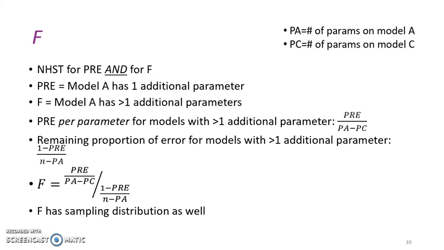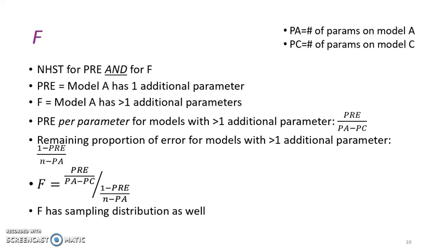To get the actual value of PRE per parameter in those models, we calculate PRE in the same way that we would for a model with one parameter. But we divide PRE by the difference between the number of parameters in model A and the number of parameters in model C. This is how we get the PRE per parameter.